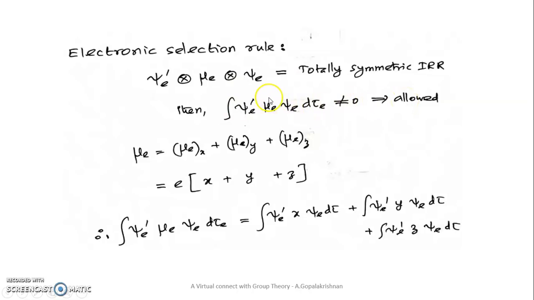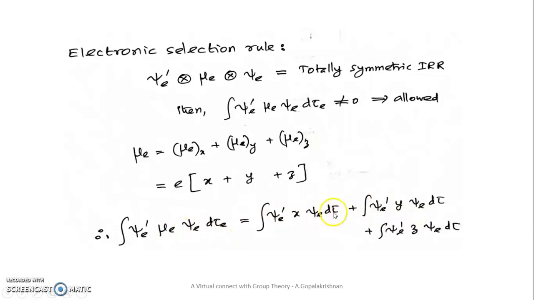Then this mu e, electronic dipole moment, can be separated into three components: x component, y component and z component. And you know very well, dipole moment is nothing but charge into distance. So taking out charge as common term, you can write this as e times x plus y plus z. If you introduce this in this integration, you can separate this integral into three parts.